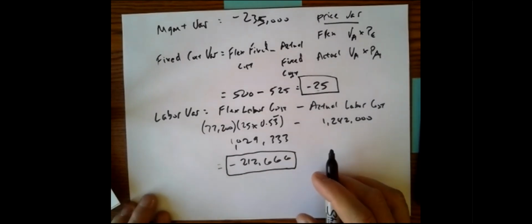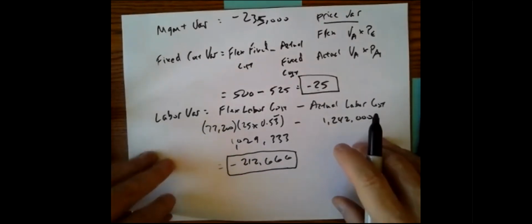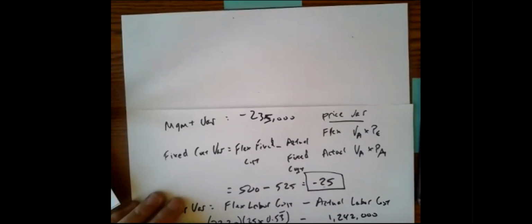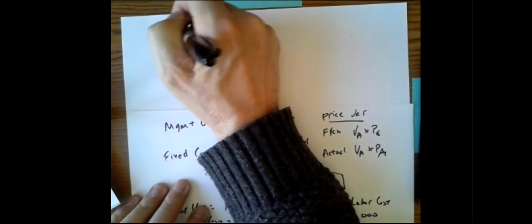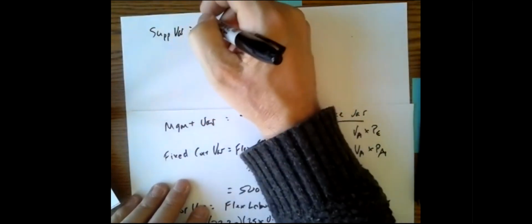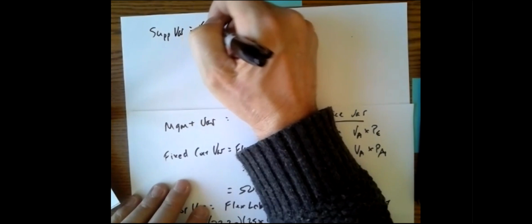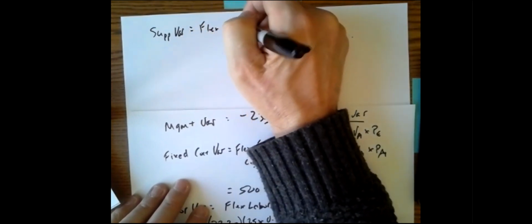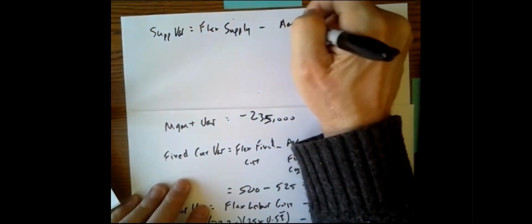and I'm going to use a different sheet. Supplies variance is again going to be flex supply minus actual supply.